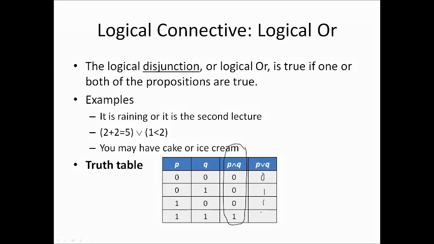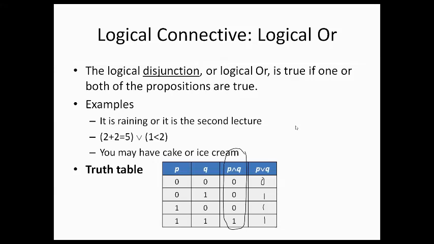What about 1 and 1? What is the result? You have 1. So that is our truth table for logical OR if we use 0 and 1: 0 and 0 is 0, 0 and 1 is 1, 1 and 0 is 1, and 1 and 1 is 1. That's how you compose the truth table for logical OR.